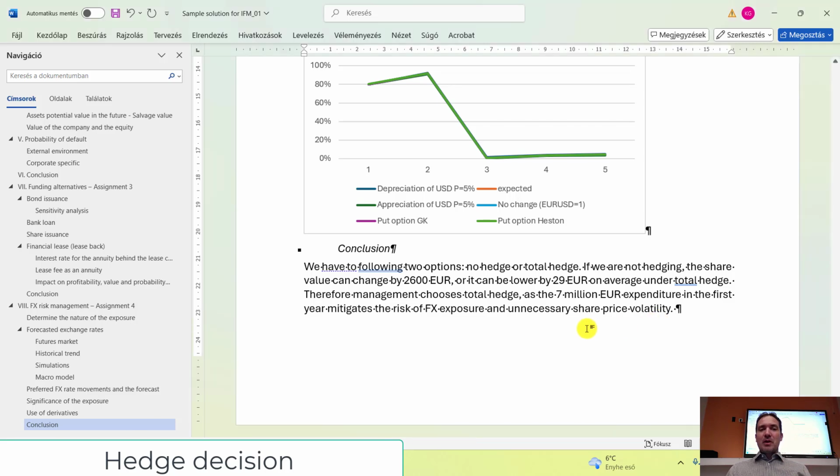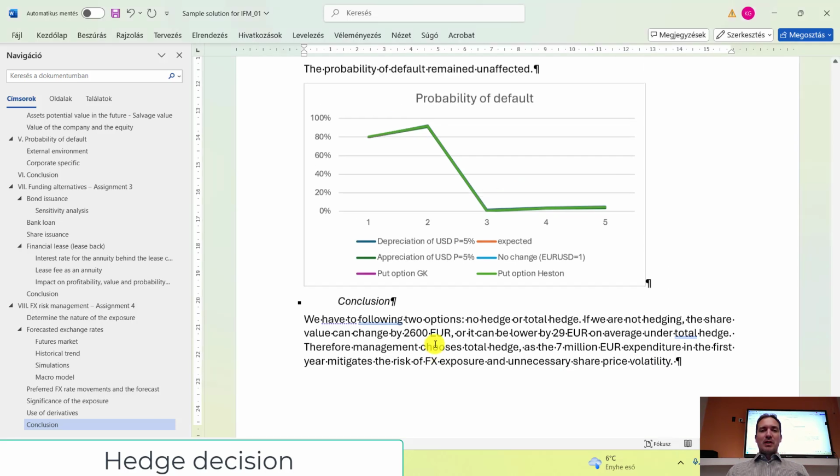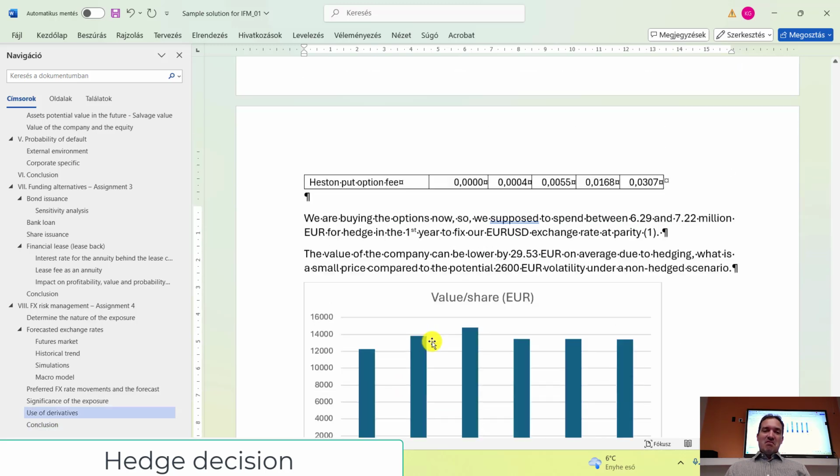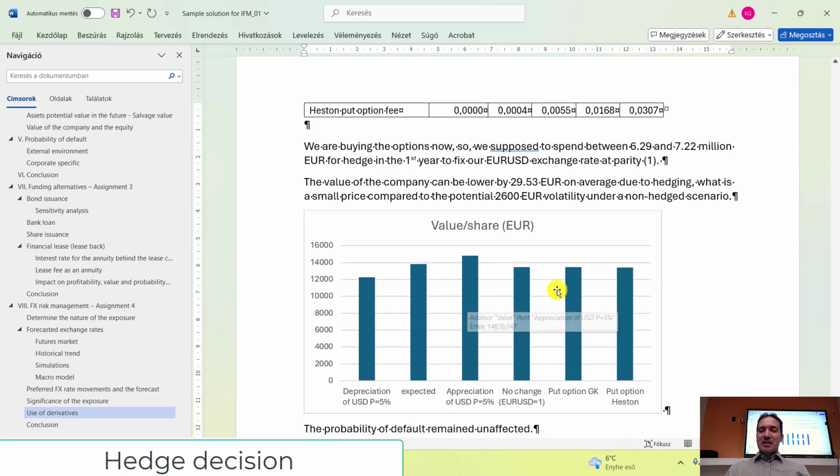Well, it can depend from country to country, company to company, from situation to situation, but in my case, it's reasonable to say that, okay, I don't want to have such drop potential.